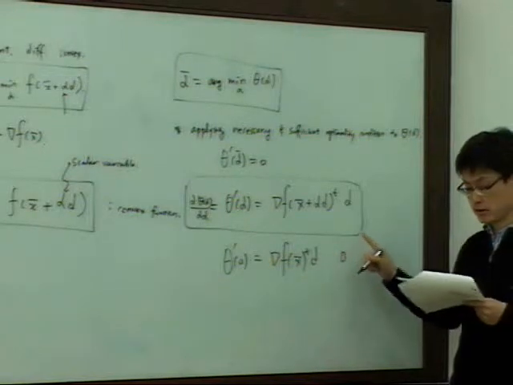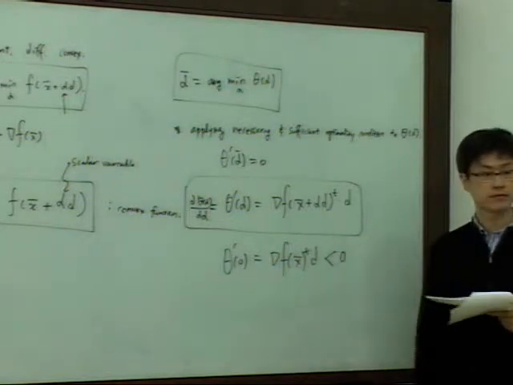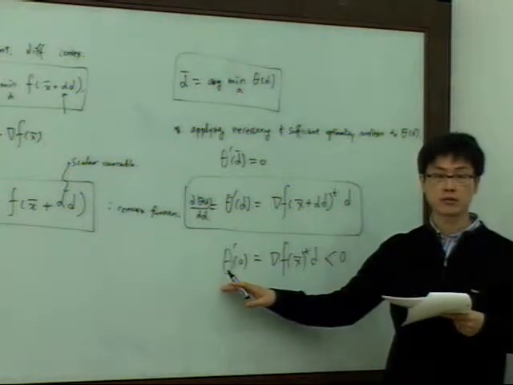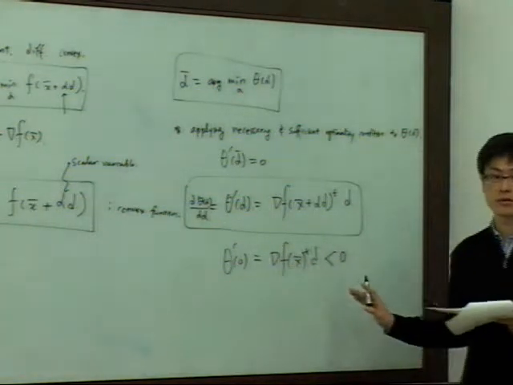It's less than 0. So we can say that theta prime at 0 is always less than 0.